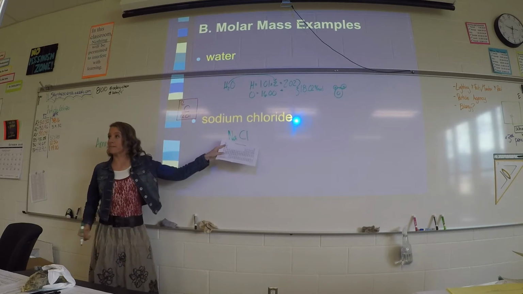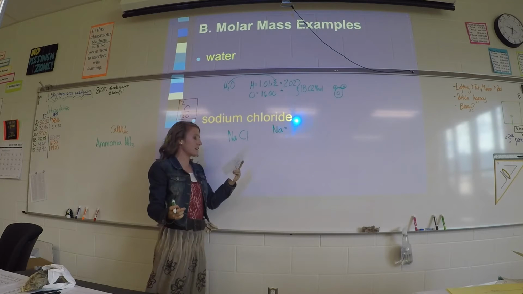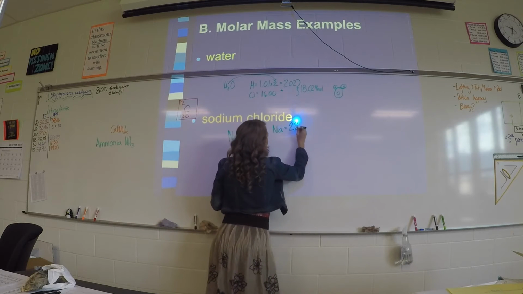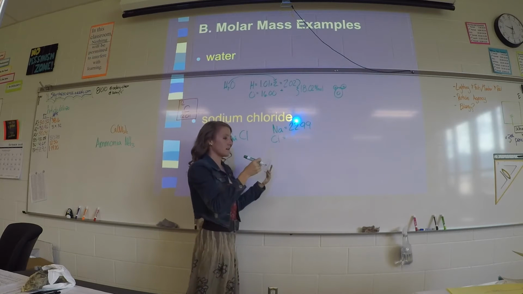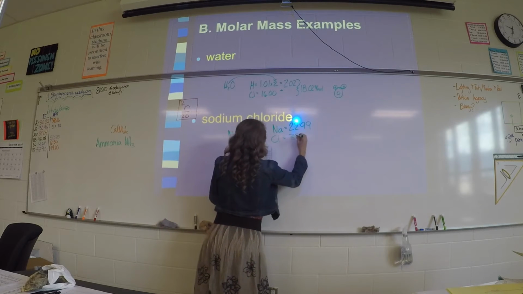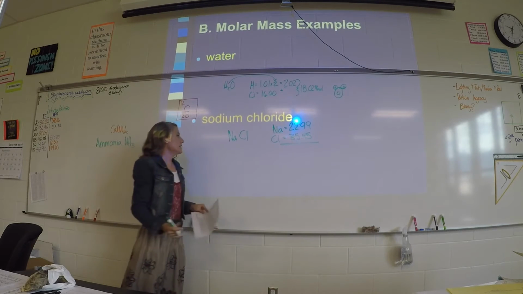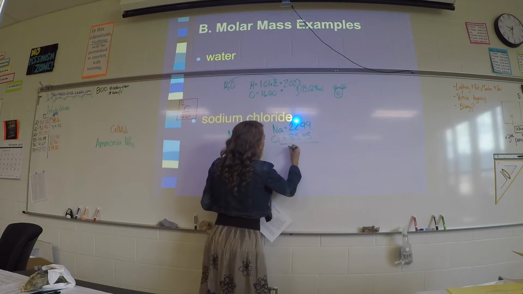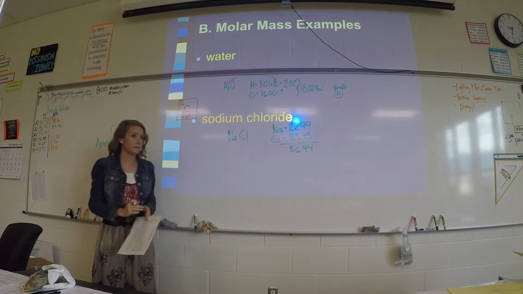All right, so here's our formula. So now I find the mass of each. Sodium has a mass of 22.99. Chlorine has a mass of 35.45. And then we add them up together to get 58.44.